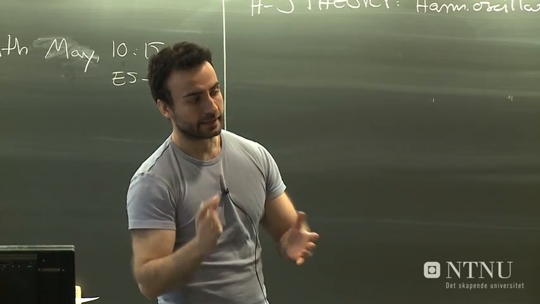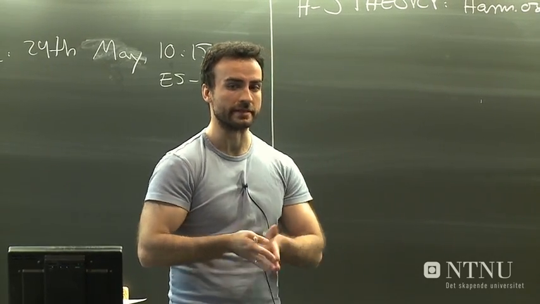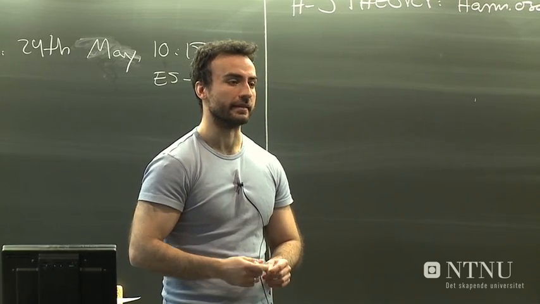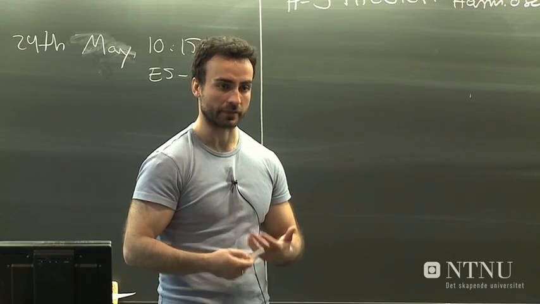Because if we obtain a Hamiltonian in these new canonical coordinates which is 0, then we are guaranteed that these new canonical coordinates will be conserved because their time derivatives will be 0.